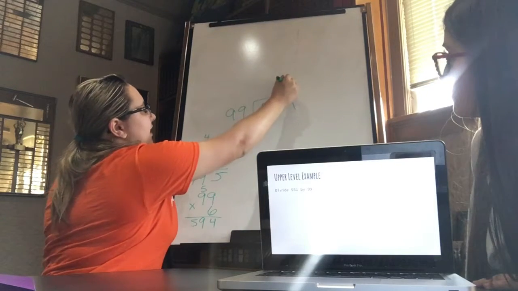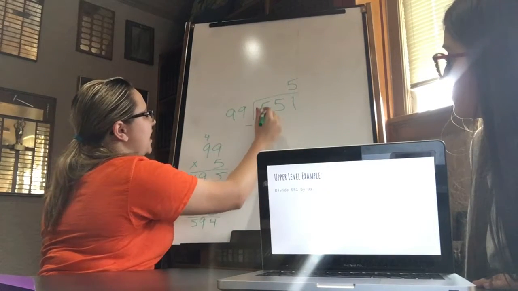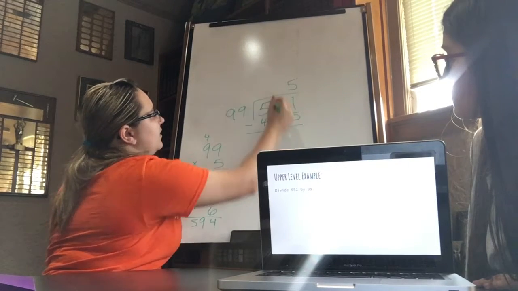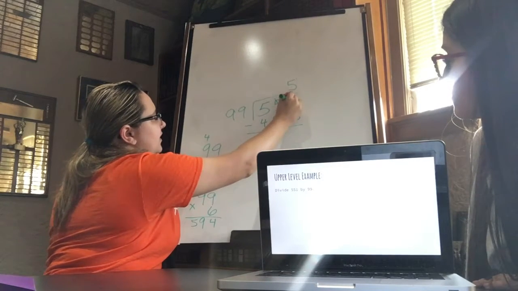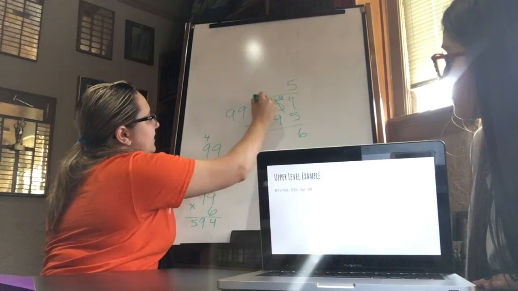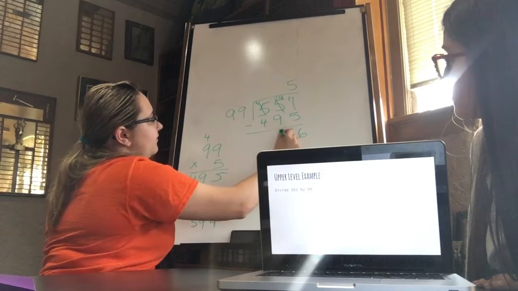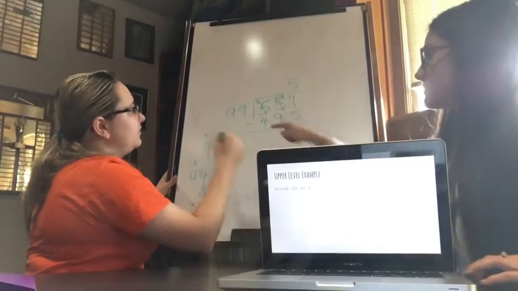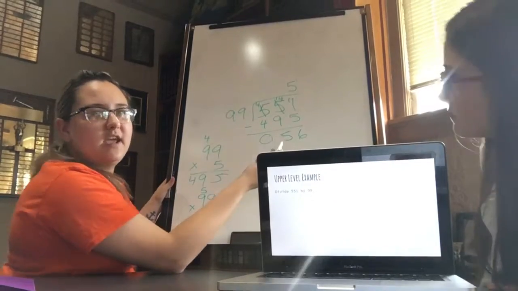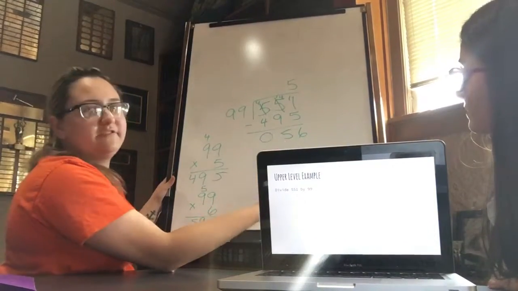So we'll put in a 5, and then we'll subtract 495. You'll carry right here, and then that's an 11, so there's a 6, and then we'll carry again, and then we'll have a 5. So 4 minus 4 is 0. So it's going to end up being 56, and we know that 99 does not go into 56.